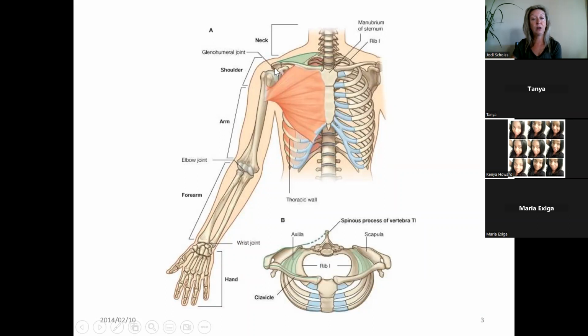But as we move out here, I want to just do a general anatomy now, okay? Here's our shoulder joint. Here is the long bone of the arm. We're going to get into the scientific names of these in just a minute. The long bone of the arm, our elbow joint, forearm, wrist, and hand. Here you'll see a view from the top looking down, and this is our clavicle right here.